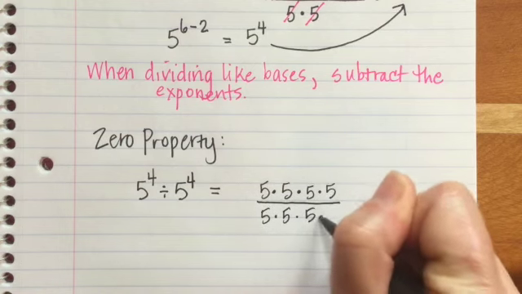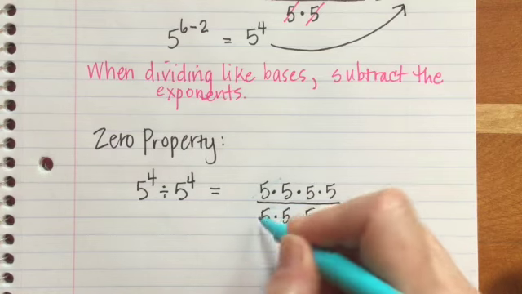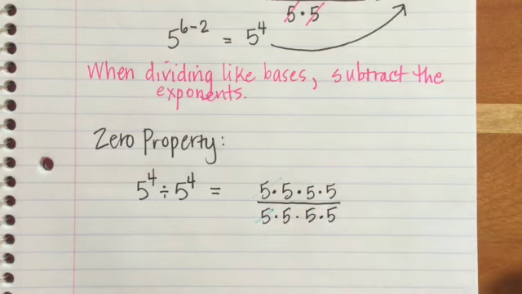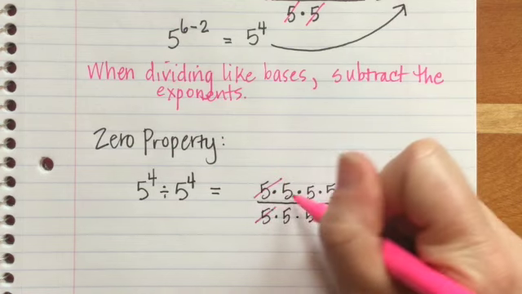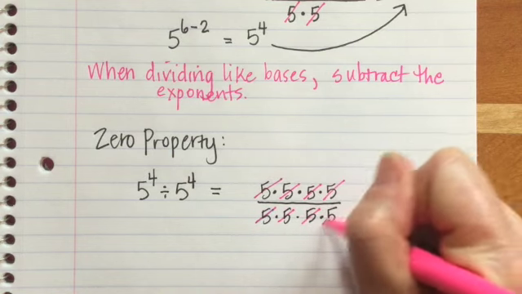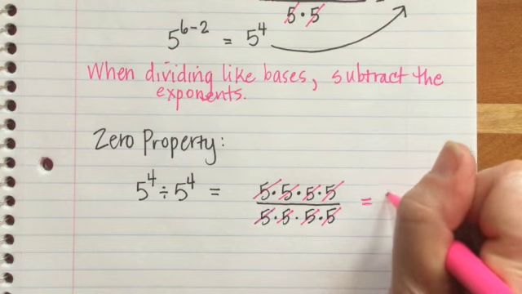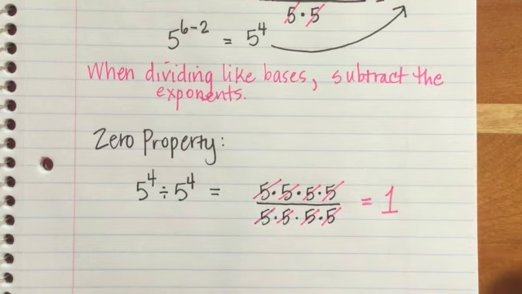Now, if you are looking for patterns like my brain does, you're noticing something here. Those are all going to cross off, right? Those are all going to simplify with one another. 5 divided by 5 is 1. 5 divided by 5 is 1. Anything divided by itself is always 1.